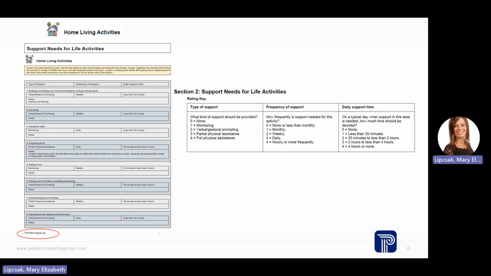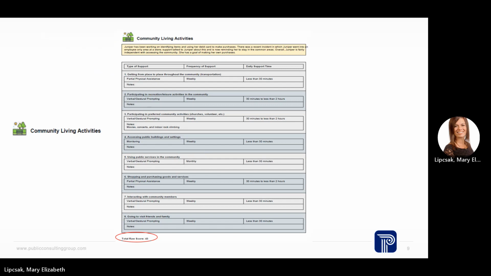Raw scores are then turned into standard scores. Later in this presentation, we will discuss how raw scores are then turned into standard scores. The next few slides will show the 7 life activities.